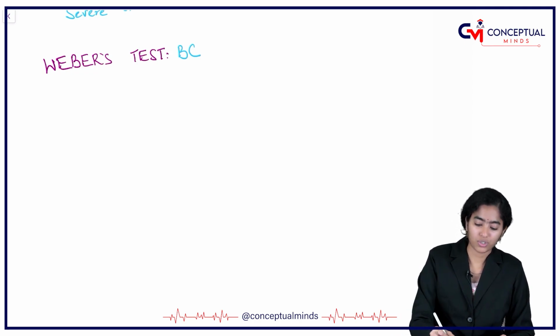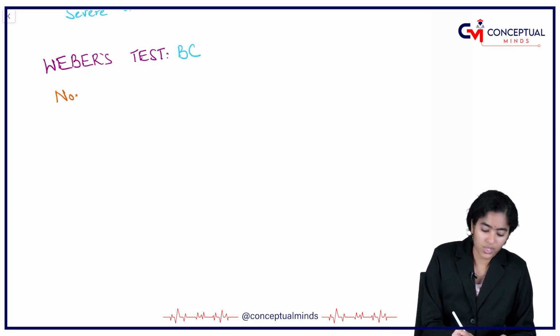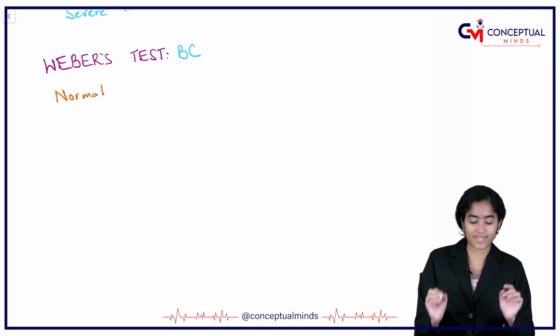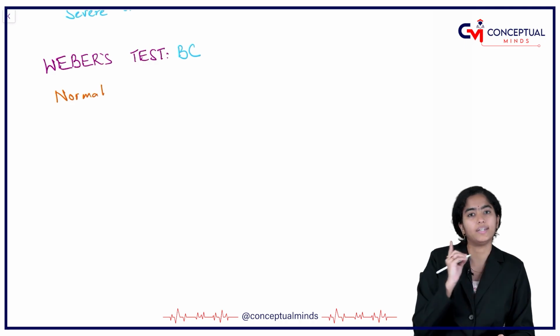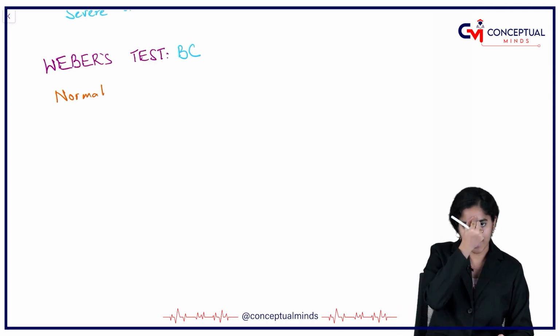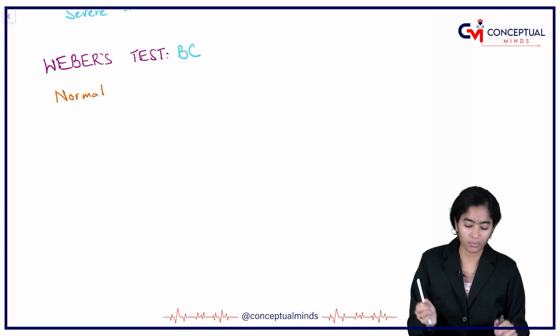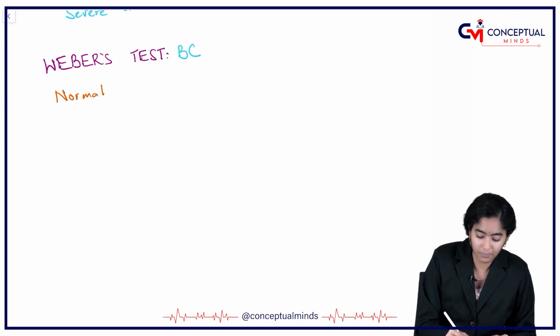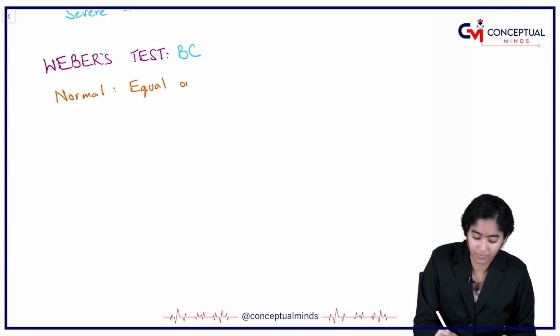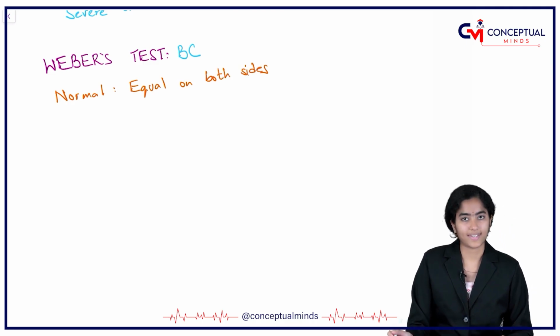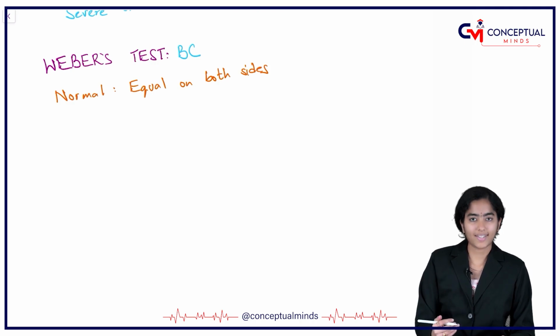A normal patient who is having equal hearing on both sides will say, I am able to hear equally on both sides. When you put it on the center, it goes both ways and a normal person will say equal on both sides. Now the second situation is the patient says, I am able to hear better on one side.